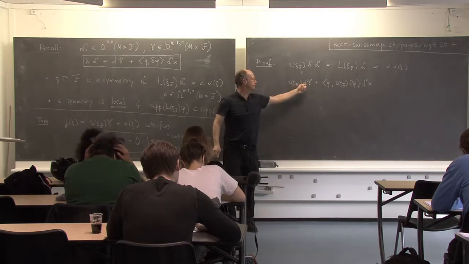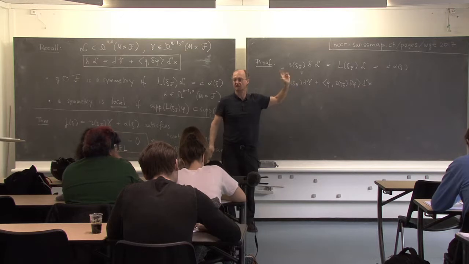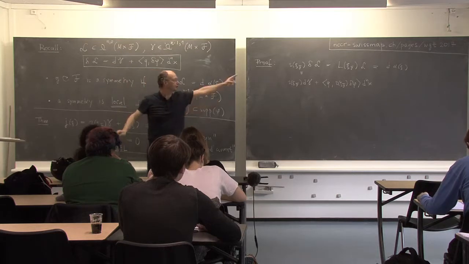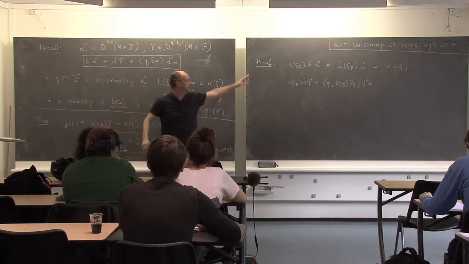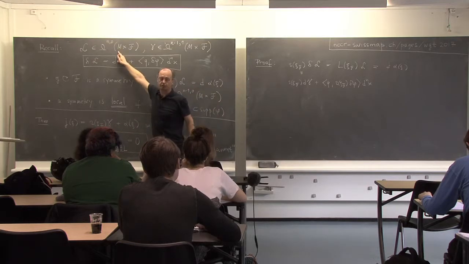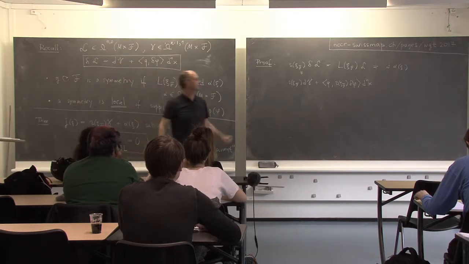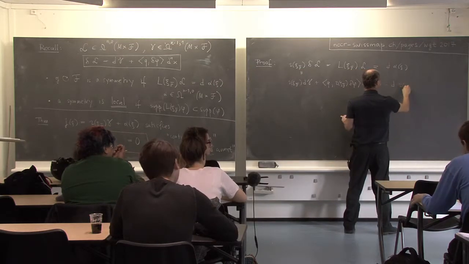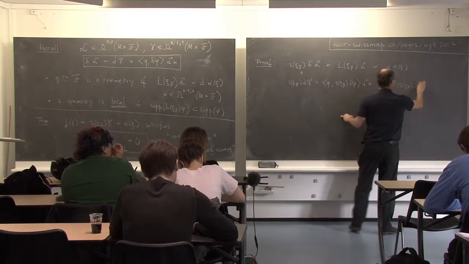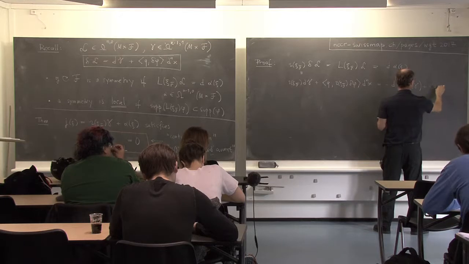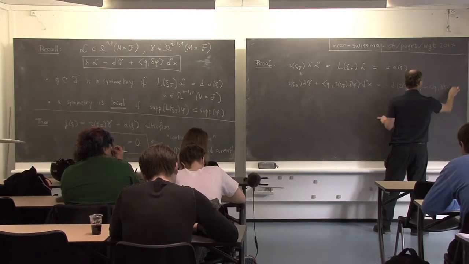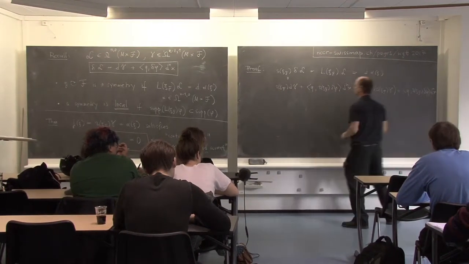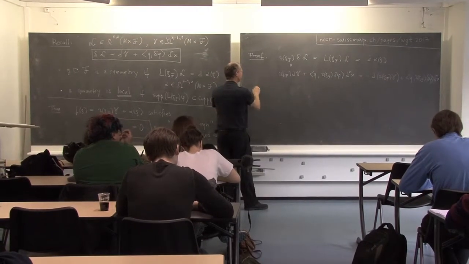Here these are two odd objects, ι_ψ and d, even though they act on different parts of our de Rham complex. ι_ψ acts on forms on F, and d, straight d, acts on forms on M, but still they anti-commute because they are odd. So we get minus d ι_ψ_F γ plus Q ι_ψ_F δφ d^n x.